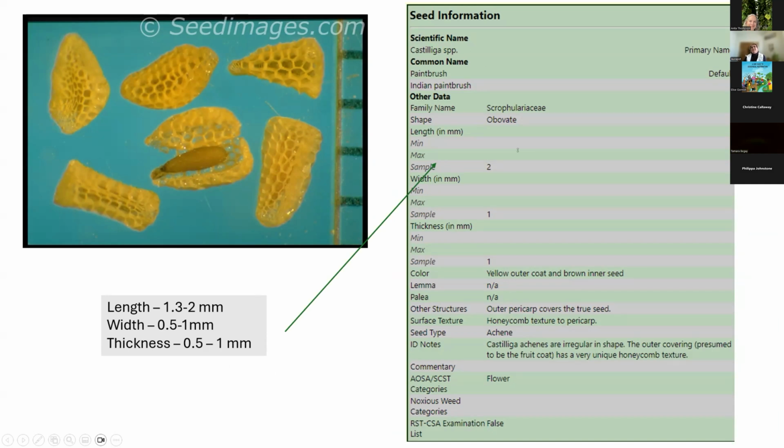So the scientific name, the family, and all those characteristics that we were talking about a second ago, the shape, the width, the length, the color, other characteristics that might stand out. This is Indian paintbrush. Again, the seed type is an achene, very similar to what we find in the Asteraceae, although this is not the same family, but we see common seed types that may associate themselves with certain families. And then underneath this outer covering or achene, we'll see the true seed.